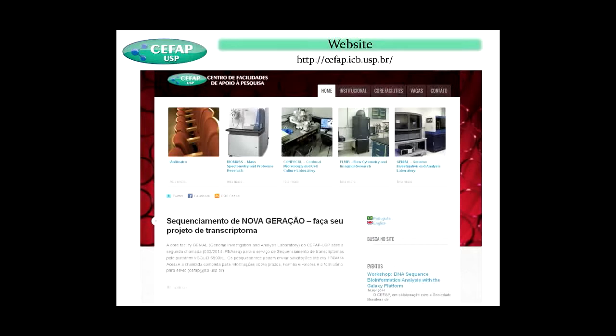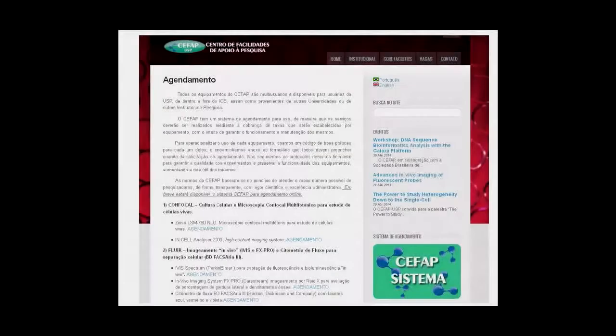So we also have our website. You can log in and see all the details of each equipment described there. It is in Portuguese for the moment, but you can use Google Translate to English to see what's going on. And on this website, you have the booking system. The booking system should work the same as Paulo said.